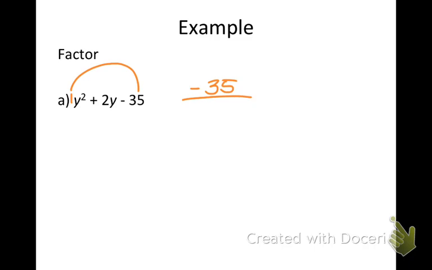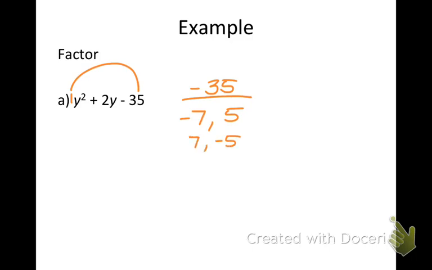What numbers multiply to get negative 35? 7 and 5. Let's make one of them negative. If I add these together, do I get my middle term? Almost. What really needs to happen is swap the negatives, so make it a positive 7 and a negative 5.